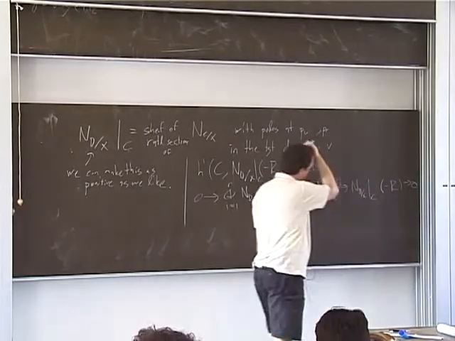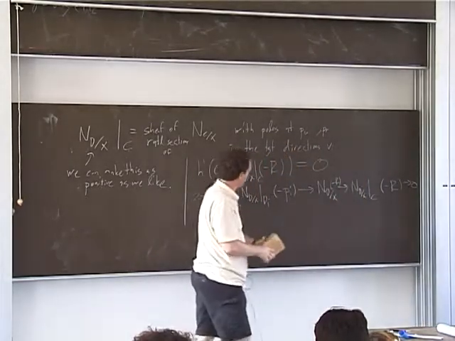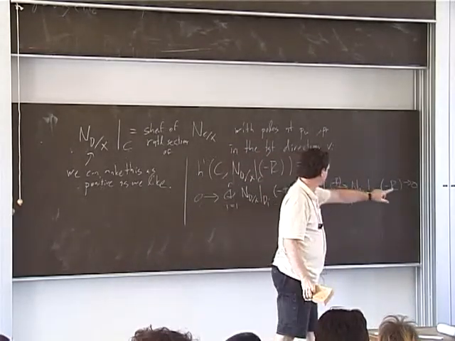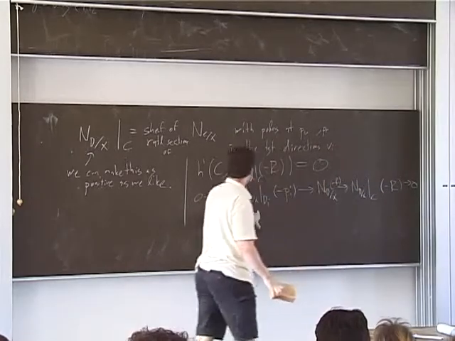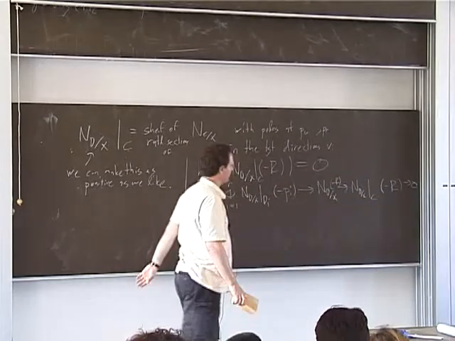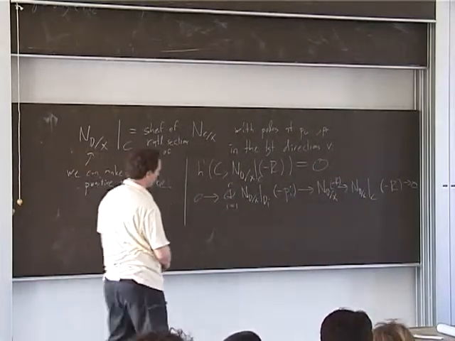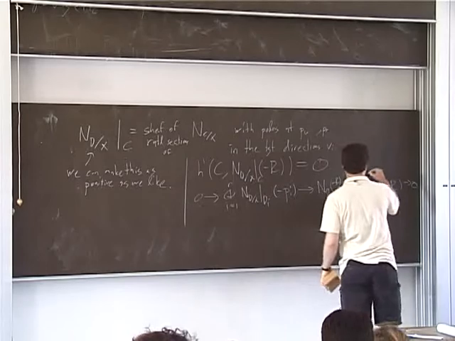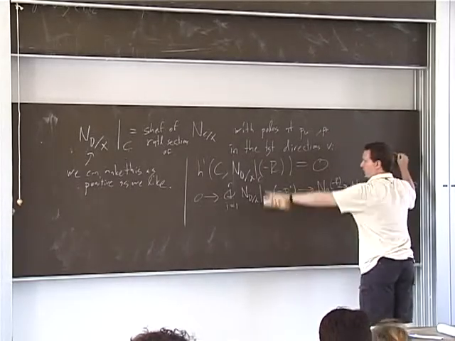So when you look at the long exact sequence of cohomology, to prove this H1 is 0, it suffices to prove this H1 is 0, and this H1 is 0. Making this H1 0 is the whole objective of attaching all of those vertical fibers. So this one, we know that H1 is 0 by this board.